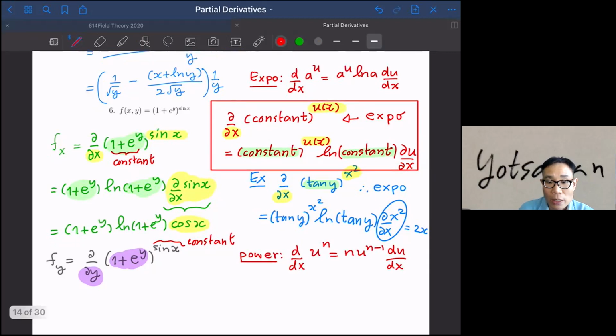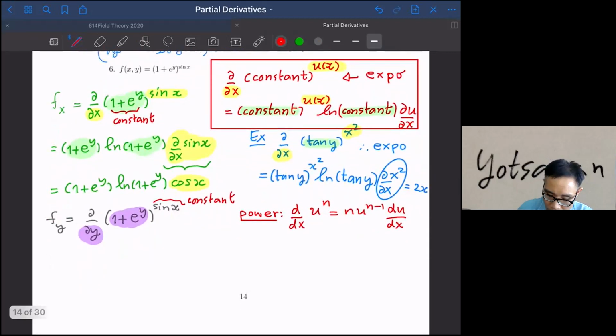And when we are dealing with the power rule, the function turns out to be d/dx of a function in terms of x, so it's going to be g(x), or u(x), raised to the n power.